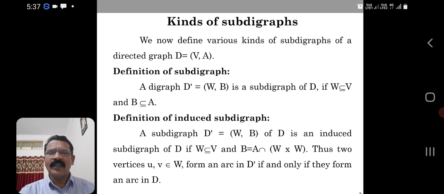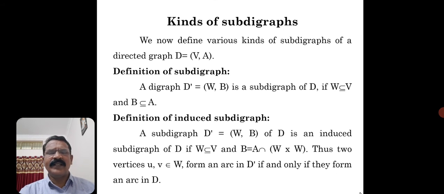Okay. So first, consider D dash as a digraph with the vertex set W and the edge set B. So we are considering a different vertex set and edge set. What are W and B? We will see.